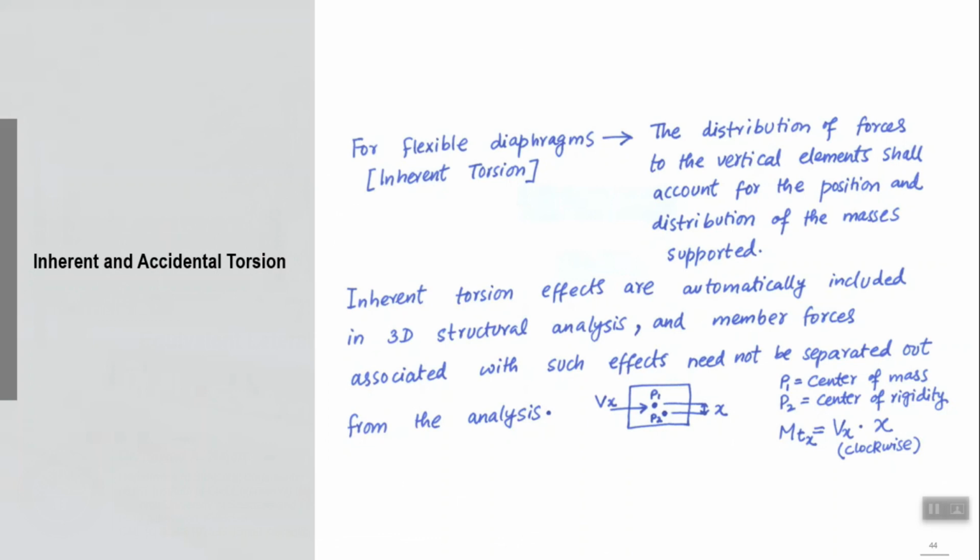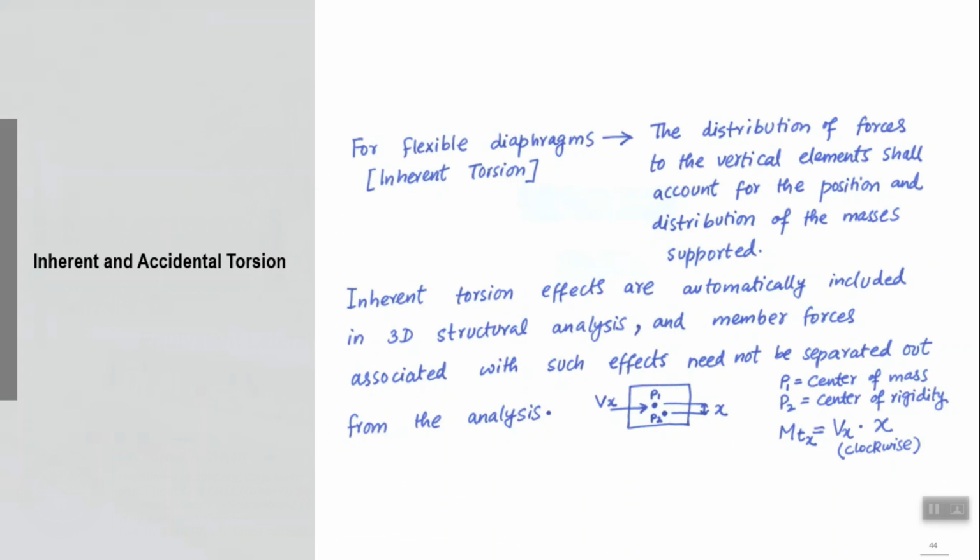So, whatever is the effect of inherent torsion will automatically be accounted for, right. The program will divide it to different elements based on their stiffness, obviously, and whatever is the net effect of inherent torsion will be accounted for by this distribution to different elements, right.